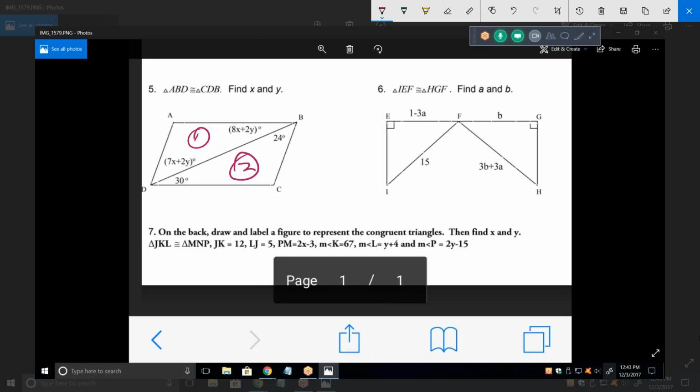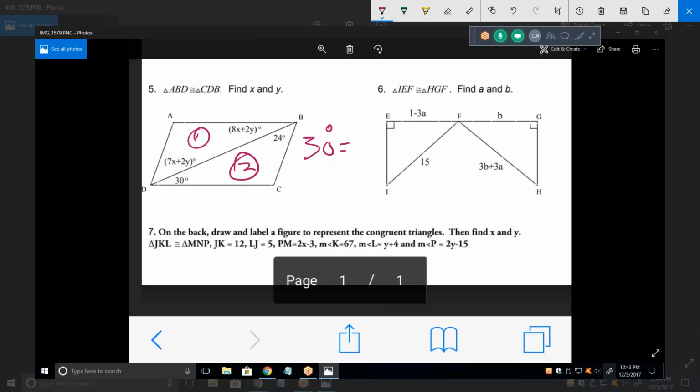Angle A is equal to angle C. What is 30 degrees equal to? Oh, 7x. No, that's not the congruent angle.